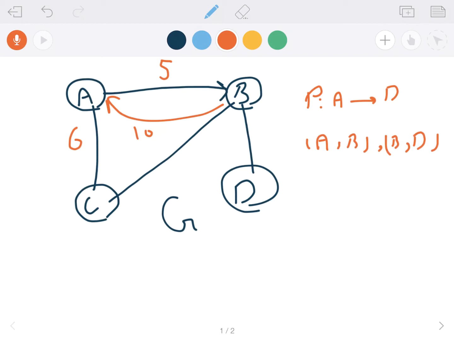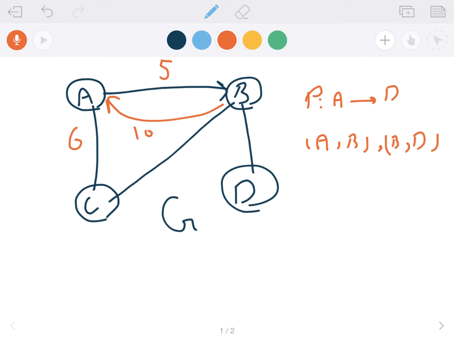Also we have another concept called a circuit, and a circuit is a path in which the first node or the start node is equal to the end node. So here let's say that we are going to go from A to B and from B to C, and again from C we're going to go back to A. So there's going to be a circuit. The first node and the last node are the same, both are equal to A, so there's a circuit. And also, as you see, there are no edges that are repeated.